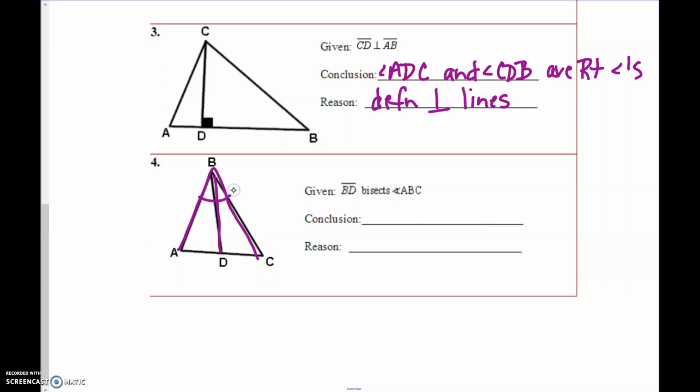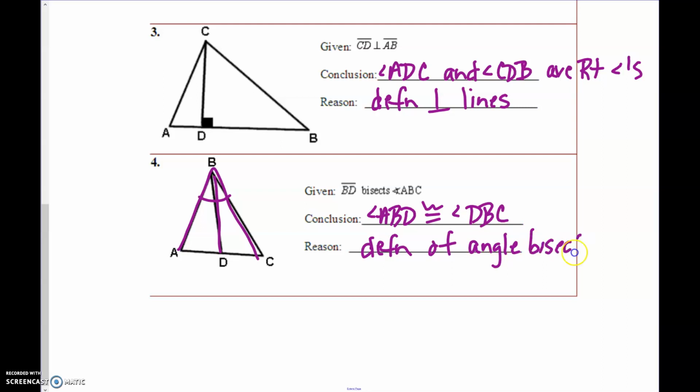The conclusion is that angle ABD is going to be congruent to angle DBC, and this is going to be the definition of angle bisector. So sometimes it's definition of segment bisector, sometimes it's definition of angle bisector.